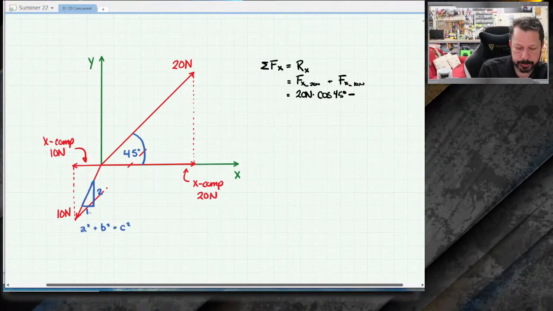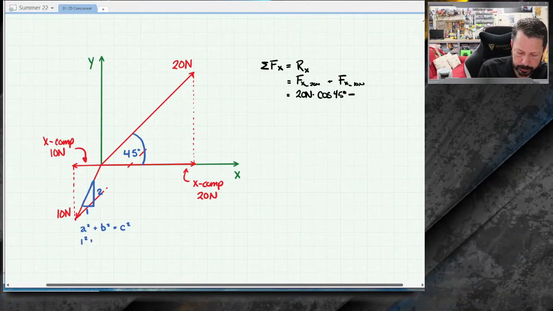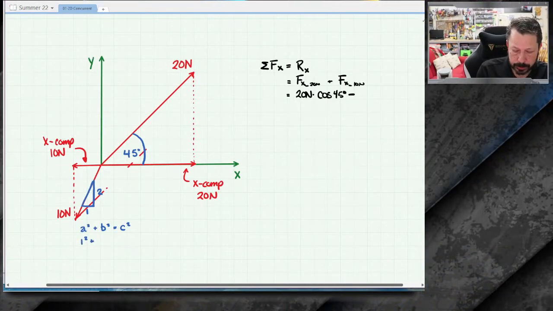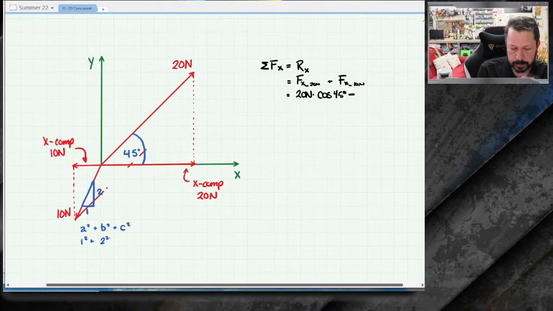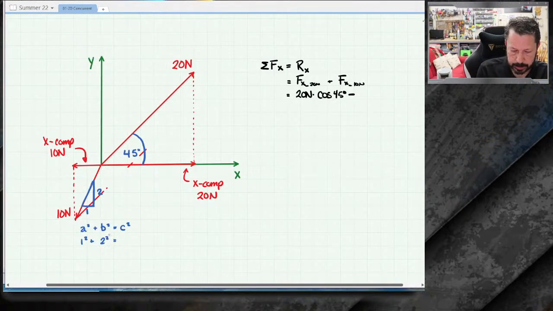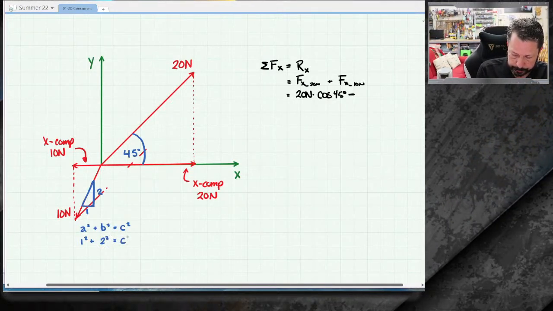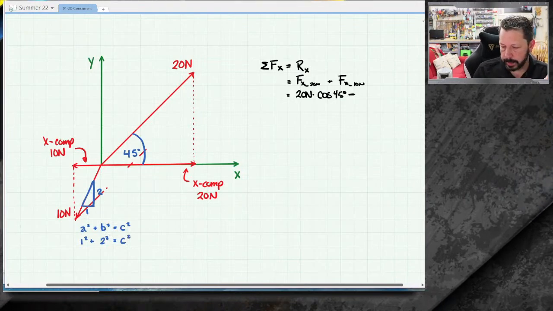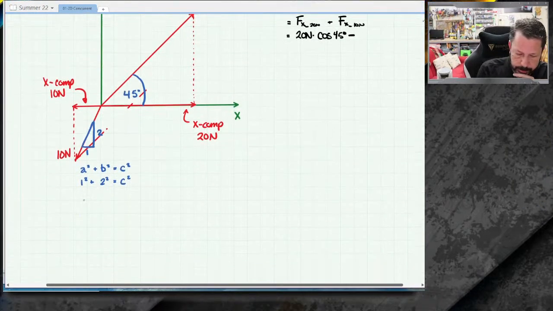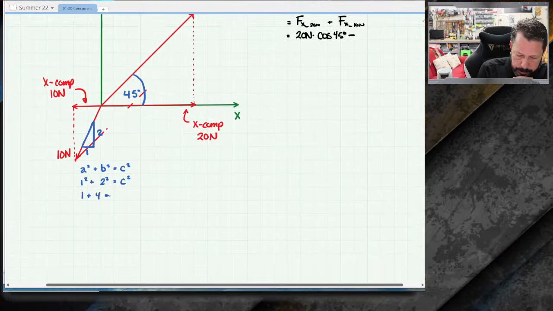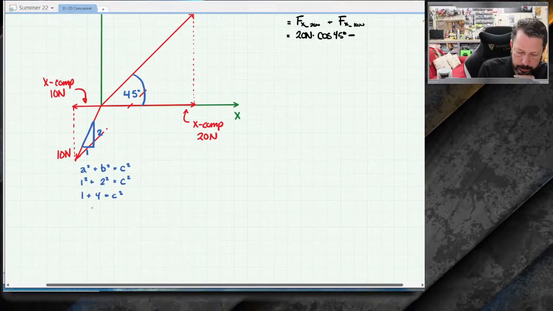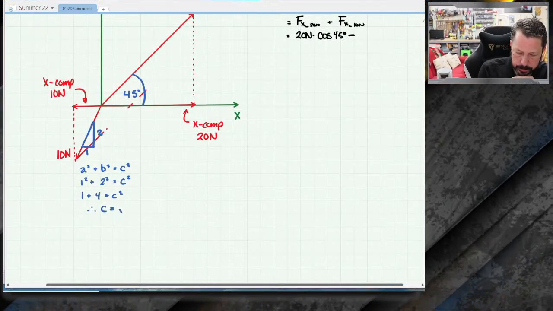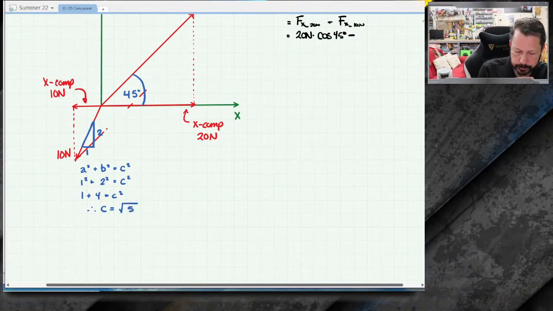A is maybe the 1, so 1 squared, plus b is maybe the 2 squared. C is always the hypotenuse, so it's just c squared. And I can solve this little equation. 1 plus 4 equals c squared. So therefore c equals the square root of 5.